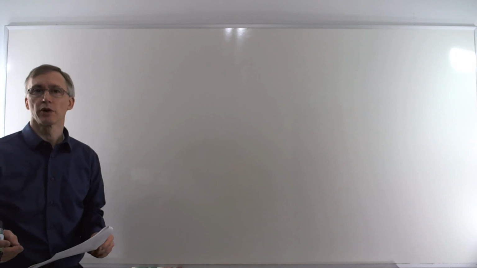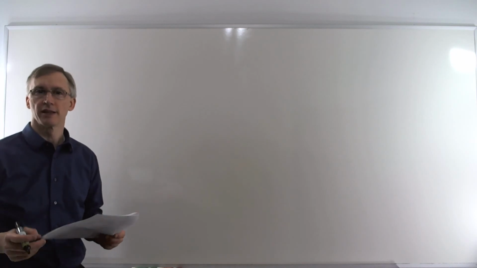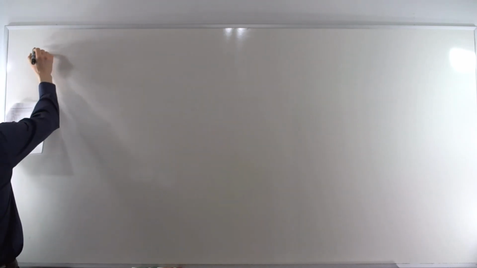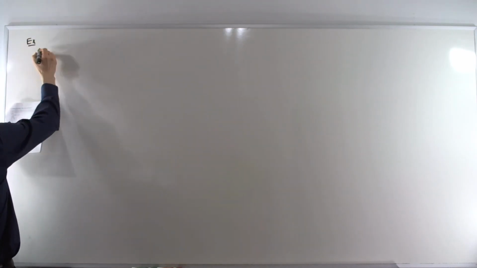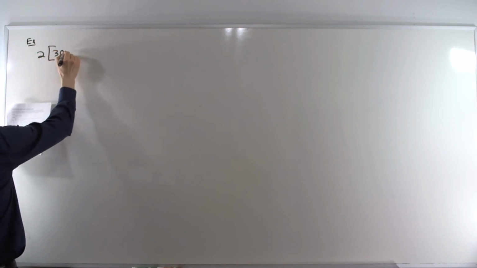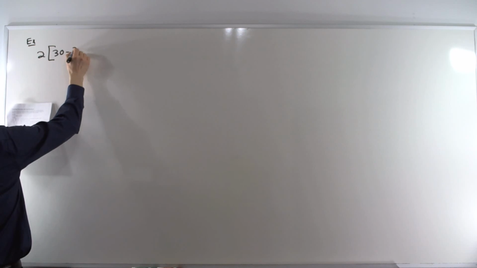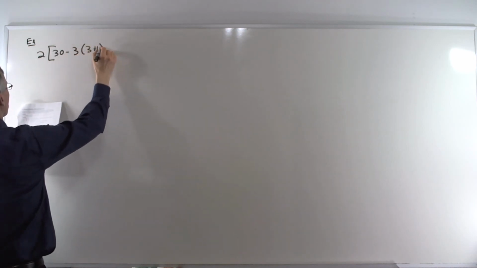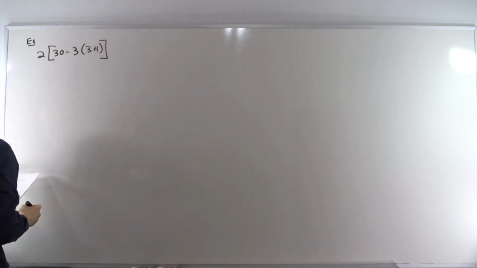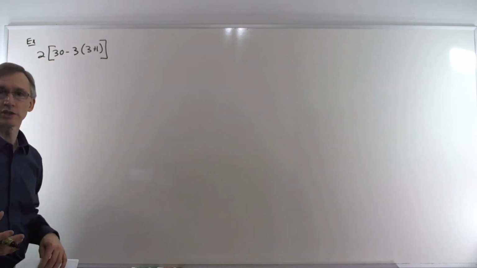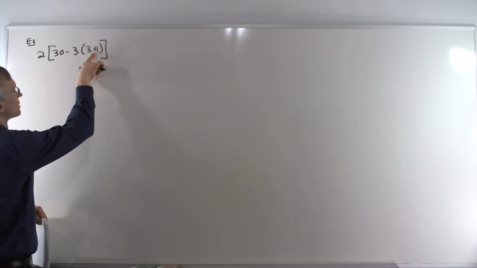The next expressions we're going to look at involve nested parentheses, and that is parentheses within parentheses. So when we have parentheses within parentheses, we're going to start with the inside parentheses.